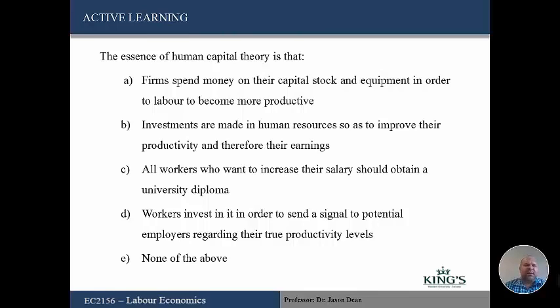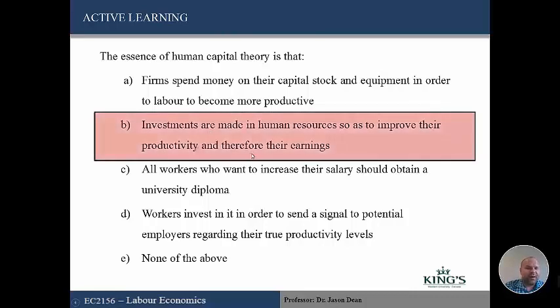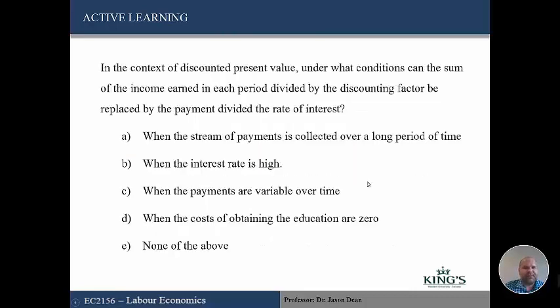So what's the answer here? We should know it by now. Well, human capital theory is sort of the opposite of the signaling theory. Investments are made in human resources so as to improve their productivity and their earnings.